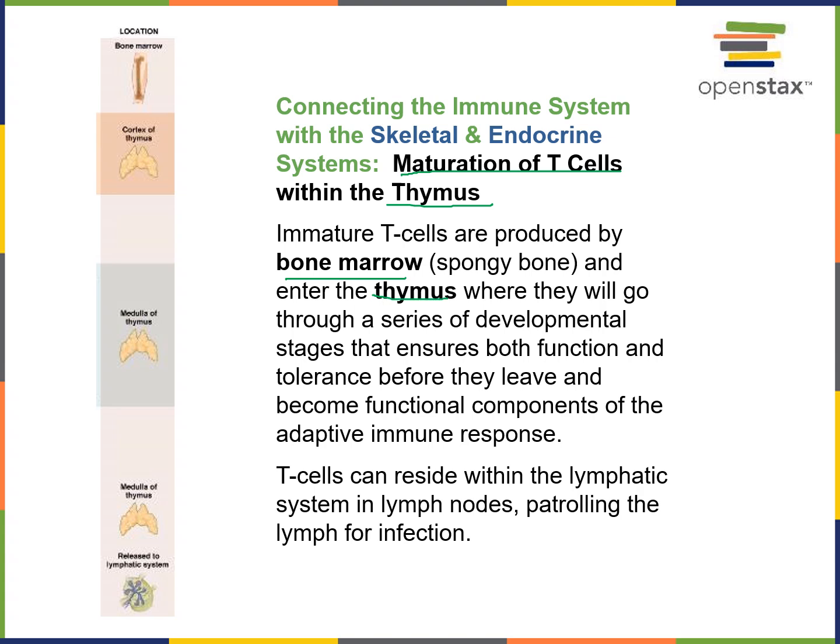And when they go to the thymus, they have to go through several developmental stages to ensure that they can both function, so their T cell receptor is good, and tolerance. Tolerance means that these T cells will not attack your own body. So, unfortunately, we have diseases where the immune system thinks that your own tissue is somehow foreign antigens, and it starts to attack the tissue.